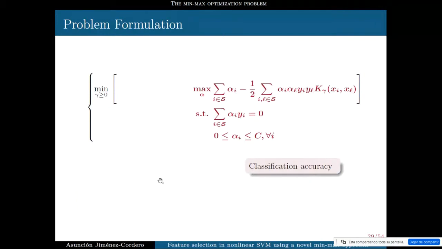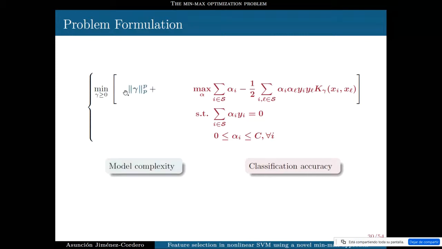So this is the problem formulation that we propose, where we have to minimize in gamma the dual of the SVM problem, sorry, and this part is related with the classification accuracy. We add a new term, which is related to the model complexity, that is nothing but the norm P of the gamma variables.